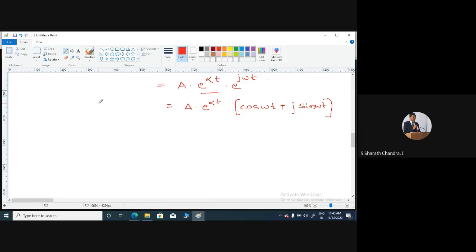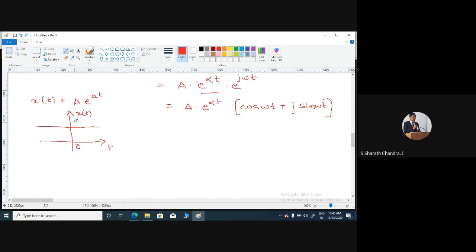If small a is straight away equal to 0, once again we could see that since it is represented as x of t is equal to A into e power at, and if a is 0, it is a constant signal, something like this, as we have seen in the case of a real exponential signal.